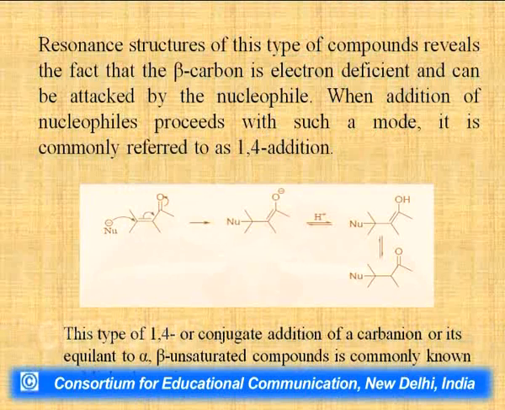When addition of nucleophile proceeds in such a mode, it is commonly referred to as 1,4 addition. You can see in the reaction that the arrow shows the electronegative character of oxygen in comparison to the carbon, and the nucleophile attacks the electron deficient carbon. I have already told you what conjugation is, alternate single double bonds. Conjugate addition of carbanion or its equivalent to an alpha beta unsaturated compound is commonly known as the Michael reaction.